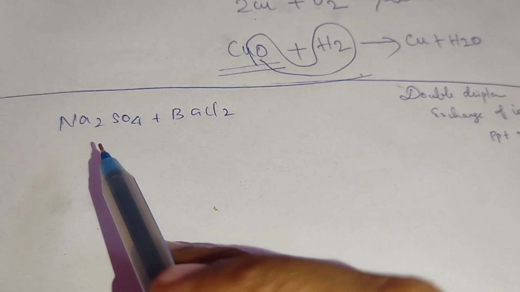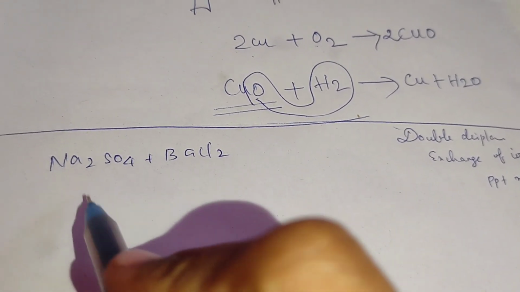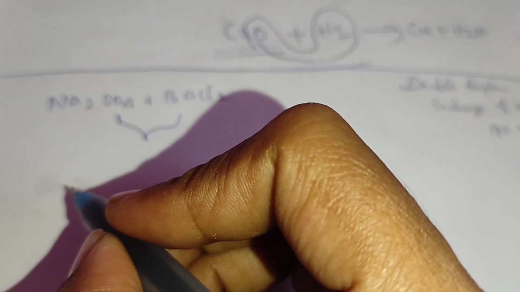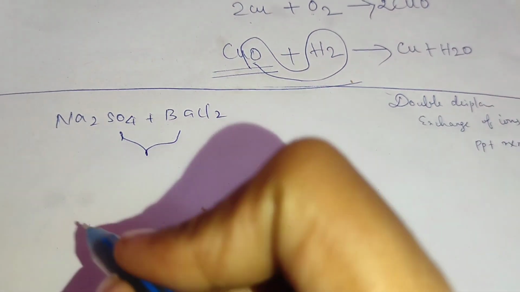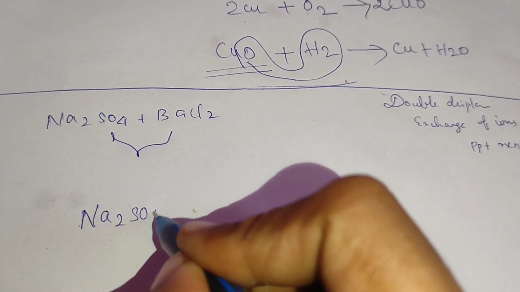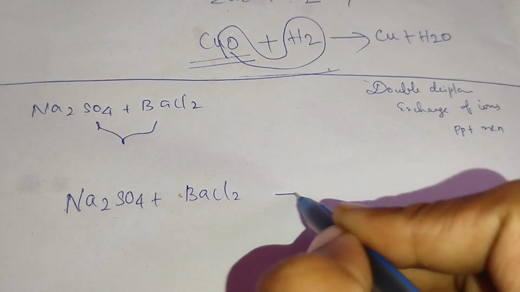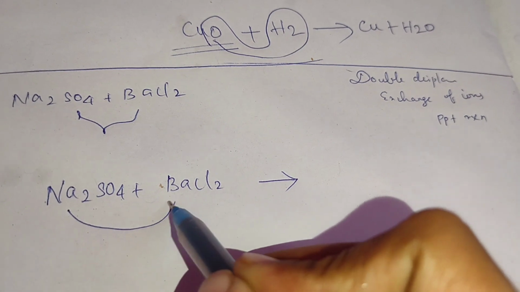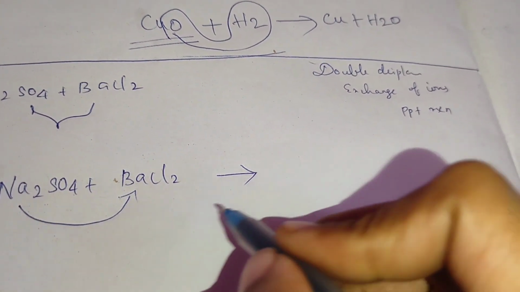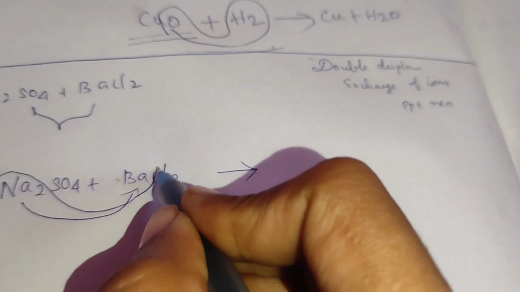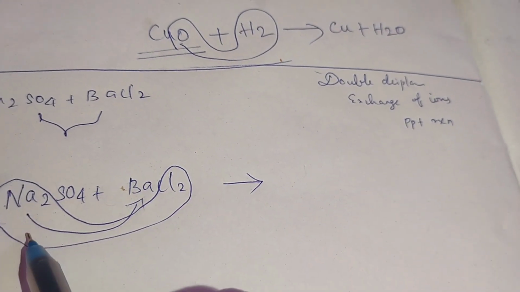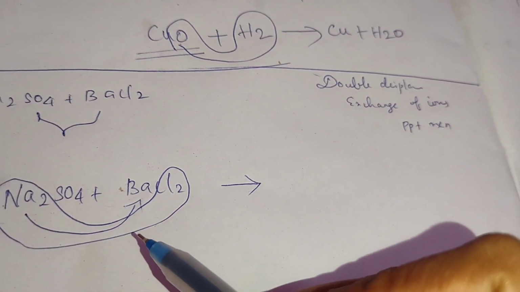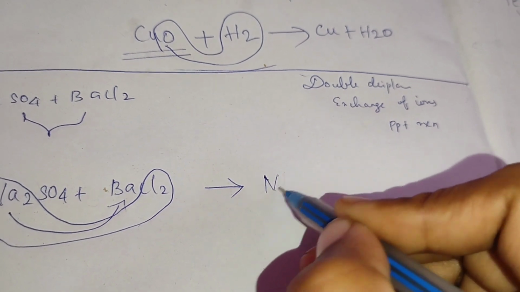Here I am taking sodium sulfate and barium chloride. These 2 reactants react with each other. Here an exchange of ions happens. The sodium displaces the barium and joins with the chlorine, so sodium chloride forms.